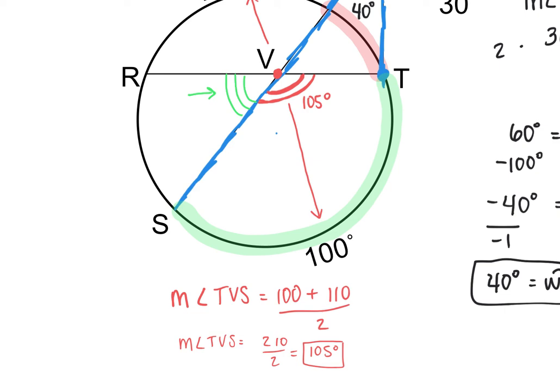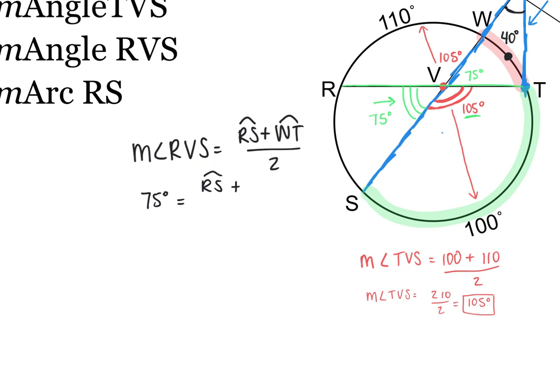It's not 40. So I would agree it would be 40, Karen, if this V was the center of our circle. But it's not.